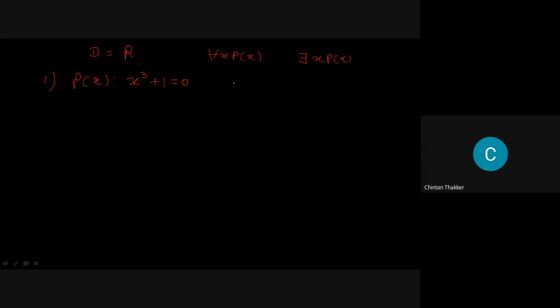Now what is the value of for all x P(x) and there exists x P(x)? Write the value of for all x P(x) and there exists x P(x) in the chat box. The value means true or false. Okay? Write whether for all x P(x) is true or false, and whether there exists x P(x) is true or false, in the chat box.